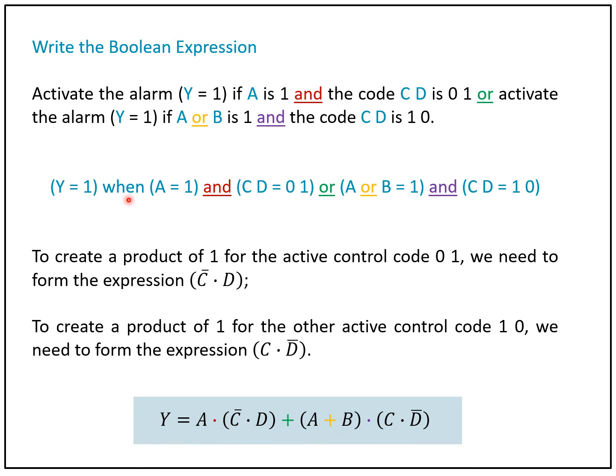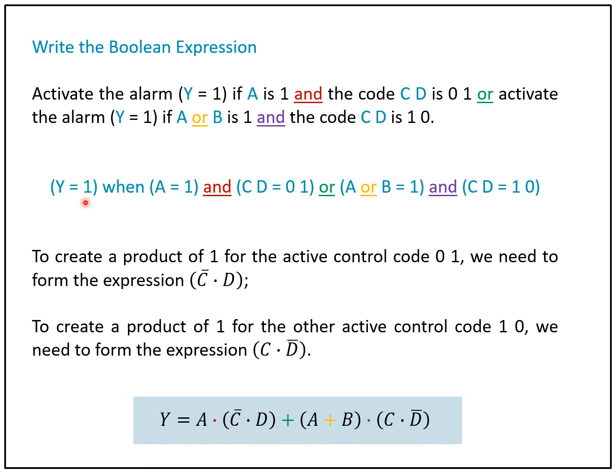And this should happen when A is equal to 1 and the code CD is equal to 0, 1. Or Y will still equal 1 if A or B is equal to 1 and the code CD is equal to 1, 0. So what we have here are basically the logic expressions AND, OR, and giving values to the Boolean variables.